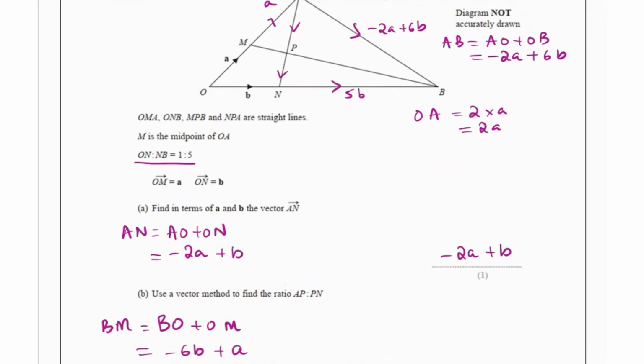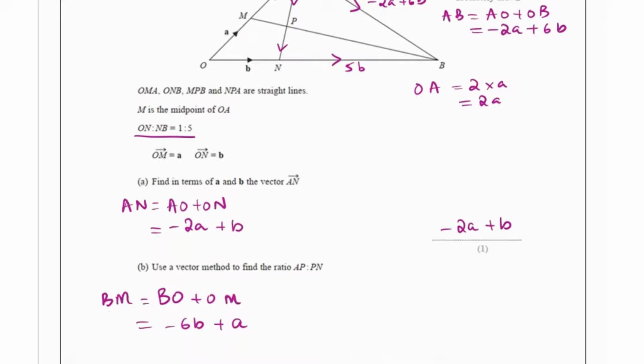We don't have any ratio for BM, so we don't know how PM is divided between PB and BM. But we know MP is going to be some scale factor of BM. So we can say that MP is K times MB. So that's going to be K times negative A plus 6B, since I'm changing the direction of BM to MB, so it becomes negative A plus 6B.